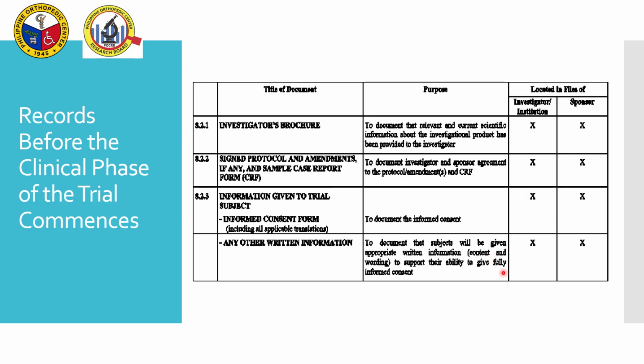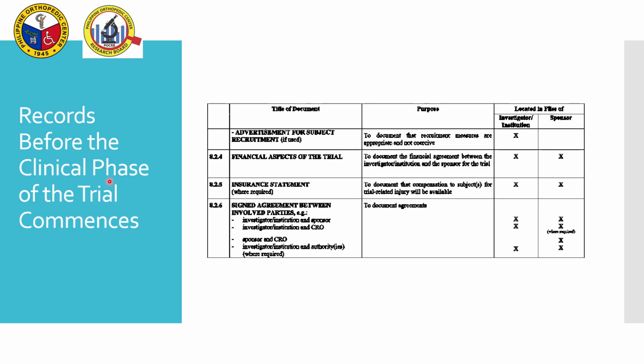This supports their ability to give truly fully informed consent before any procedures take place. Once again, both the investigator and the sponsor are required to keep these templates and records on file to ensure transparency and ethical compliance.